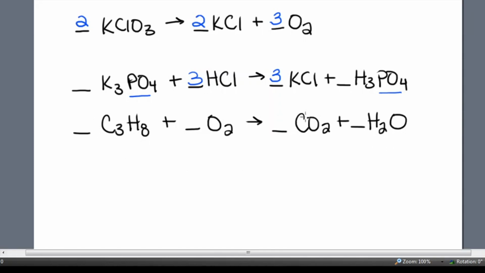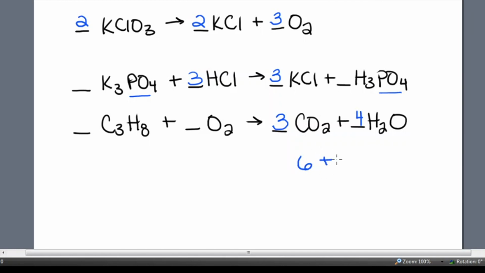3 carbons on the left. I need 3 carbons on the right. 8 oxygens, nope, that's hydrogen. 8 hydrogens on the left, only 2 on the right. So I need a 4 out there to balance my hydrogens. And now I've got a bunch of oxygen on the right. Okay, I have my oxygen from my carbon dioxide. This 3 times 2, that's 6 oxygens.